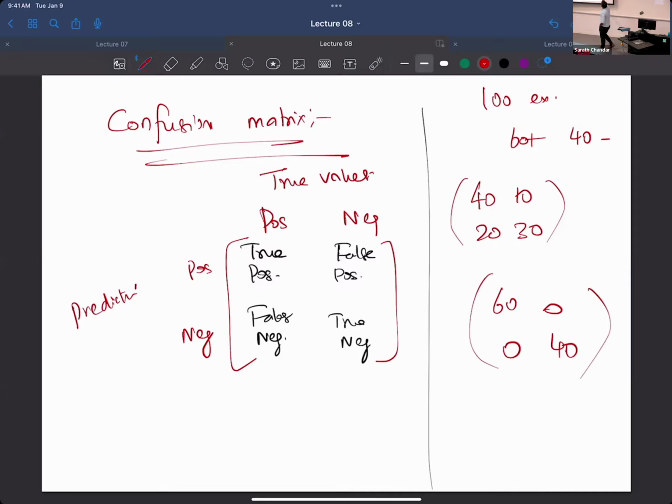So all the 60 positive examples correctly classified, all the 40 negative examples correctly classified, and there is no confusion between the classes. If I have to give you an example of a bad confusion matrix, maybe something like 30, 20, 20, 30. This is bad because there is too much confusion.